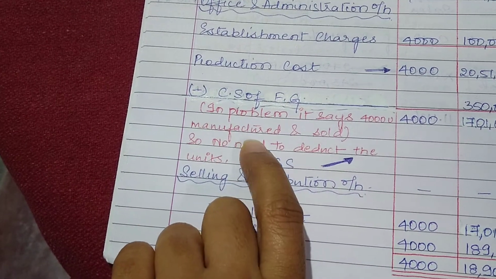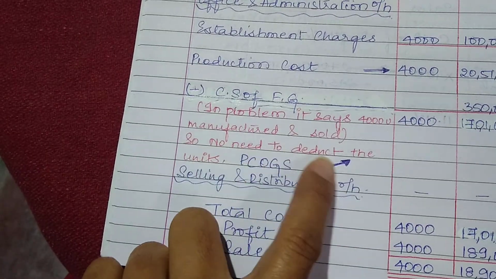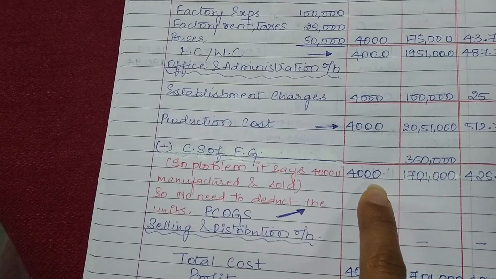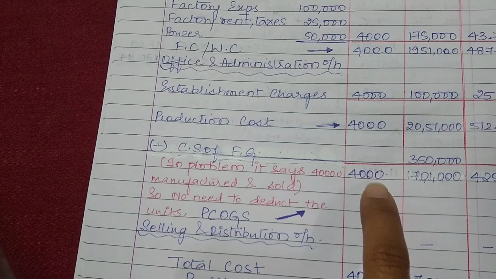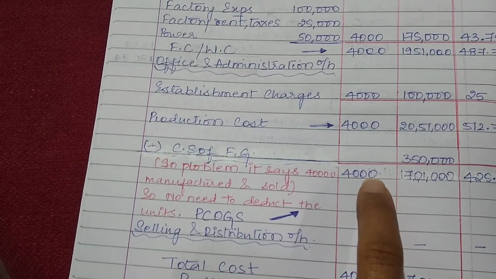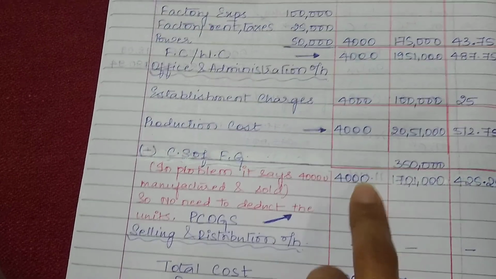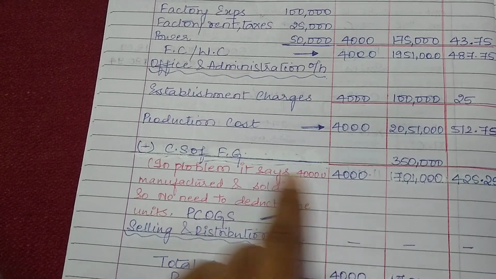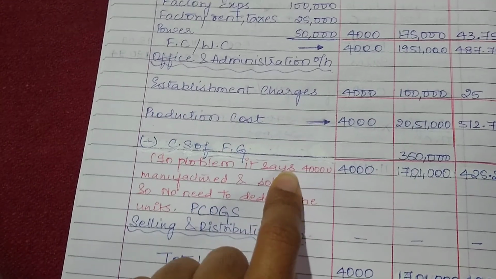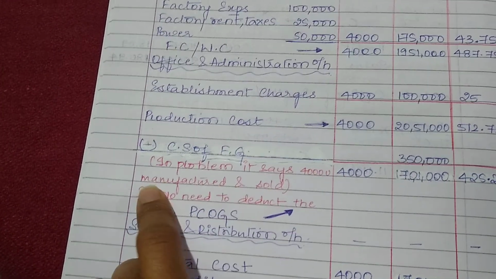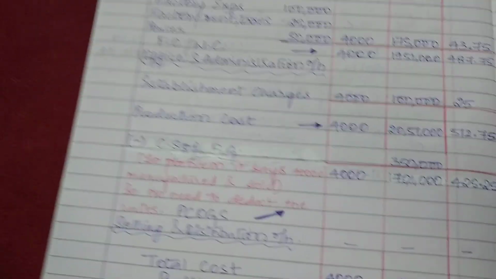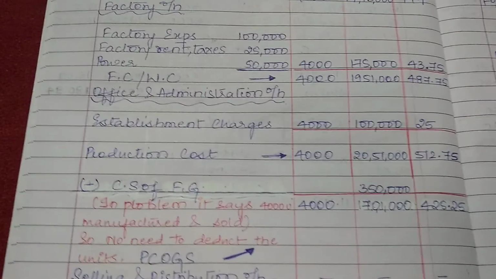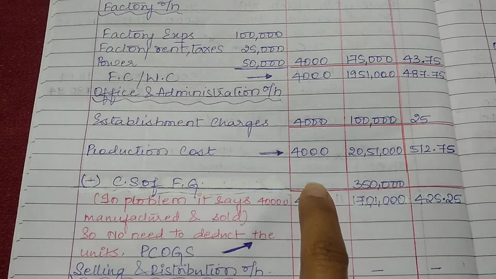That means these 4,000 units are manufactured and sold, so there is no need to deduct the units. This is what I have written here, and that is the reason I am not deducting it here. Please understand, in this problem it says only 4,000 units are manufactured and sold. So it clearly states that you need not deduct it.